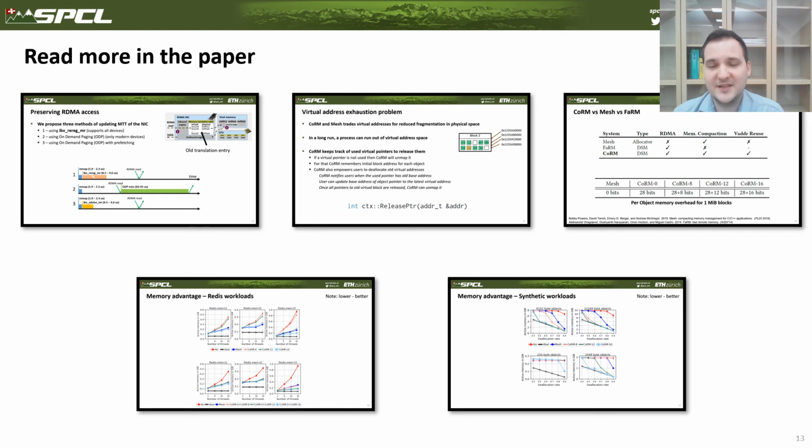And then we perform a detailed comparison between CoRM, Mesh, and FaRM, and explain all the overhead of CoRM compared to Mesh. Finally, we provide additional experiments where we check the compaction property of CoRM in real settings for Redis workloads and for synthetic workloads.